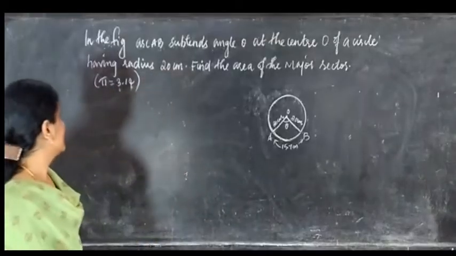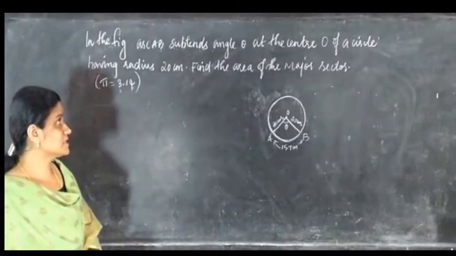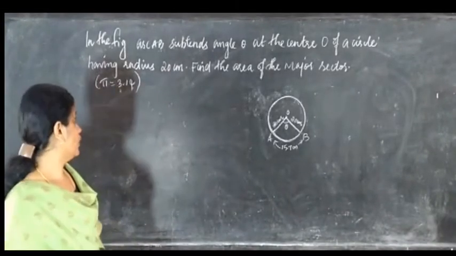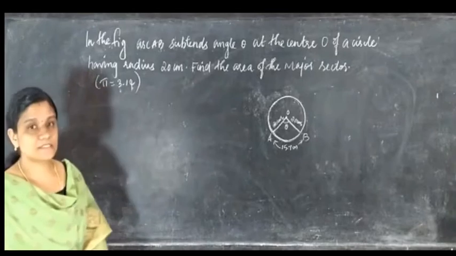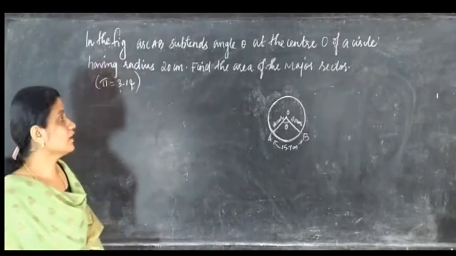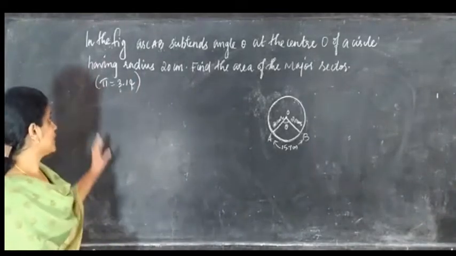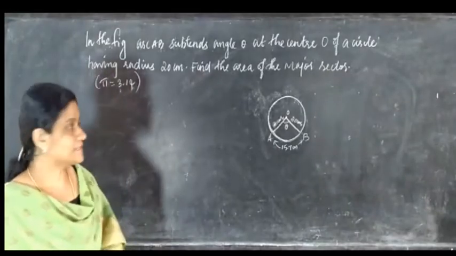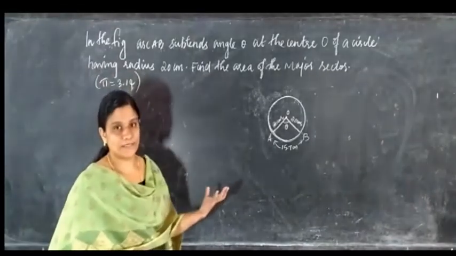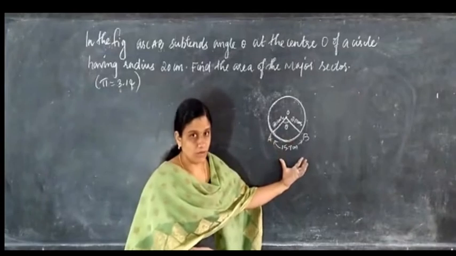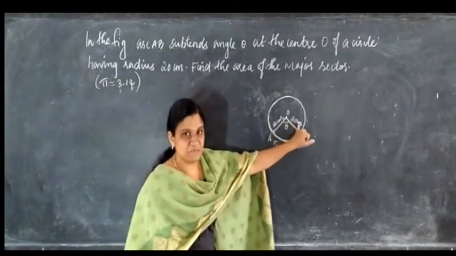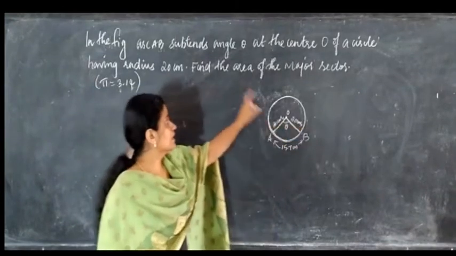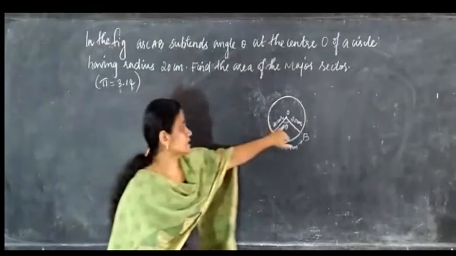Next question. In the figure, arc AB subtends angle theta at the center O of a circle having radius 20 centimeter. Find the area of the major sector and take pi is equal to 3.14. So what all things are given to us? A circle with center O and the radius is 20 centimeter, and let the angle be theta.